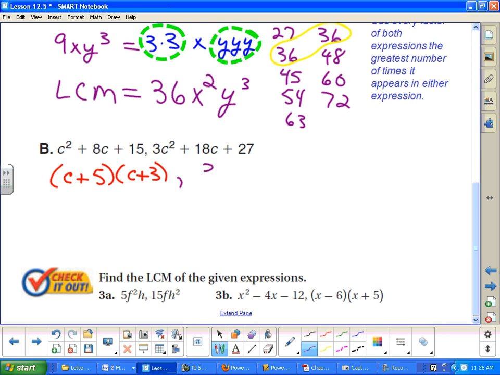And we have 3 times what? Okay. C plus 3. And if they're both c plus 3, then it's c plus 3 squared, right?